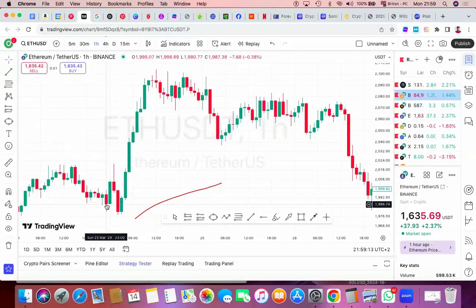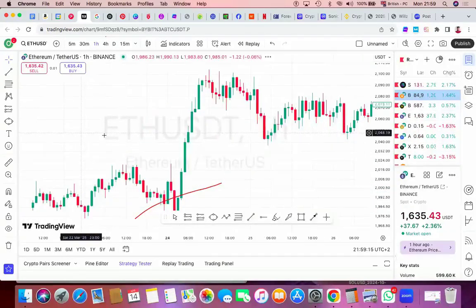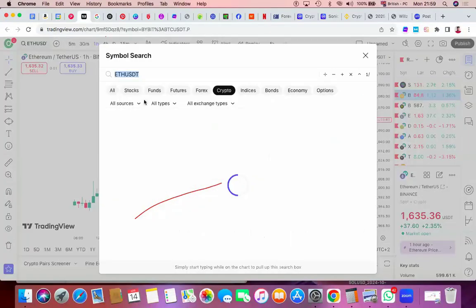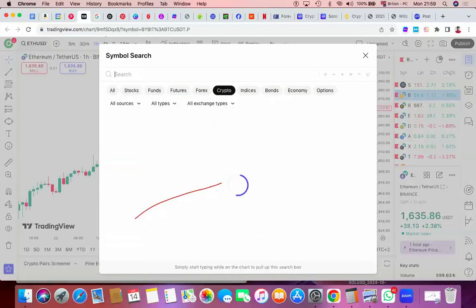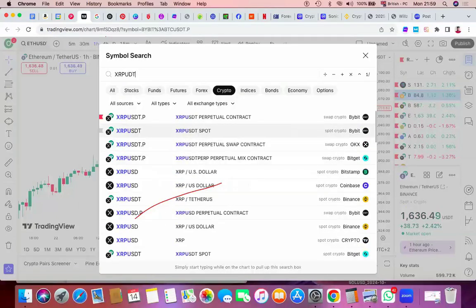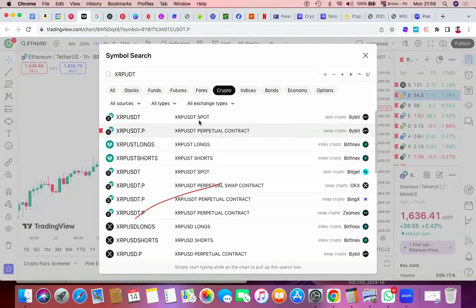Here on Ethereum, I can't find something, so let's look for another pair. The network is a bit slow.